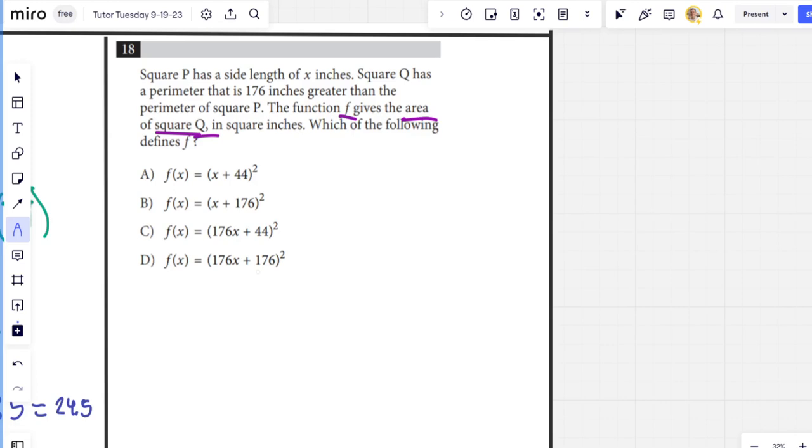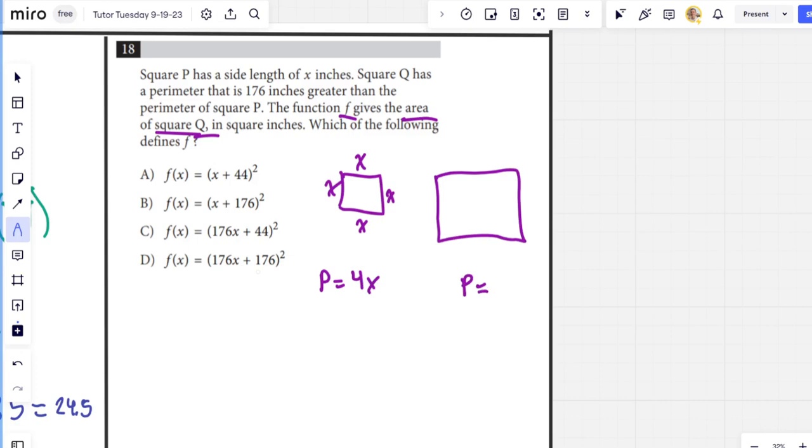Okay, so I see this 176 in square Q, right? The perimeter is 176 inches greater. But if it's a square, that 176 inches is going to be distributed equally across all four sides. So if the original square had a side length of x, which is what the problem tells us, with a perimeter of 4x, the new square would not have x plus 176.